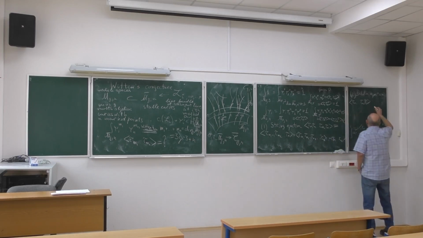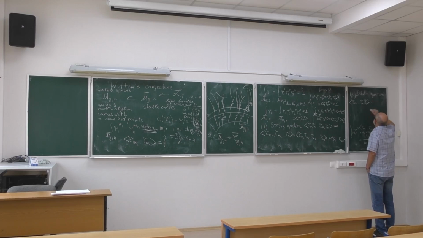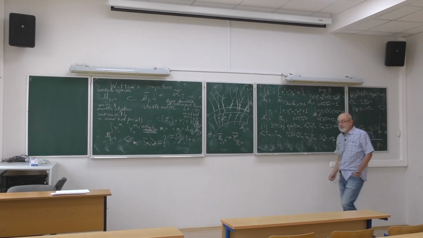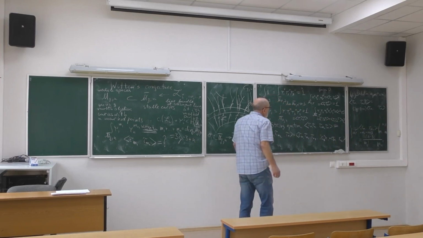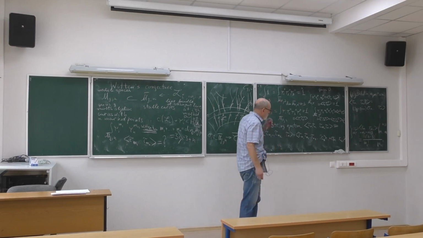And this equation reads: tau 1 times the other classes equals 2g minus 2 plus n times the integral without it. It's even simpler.